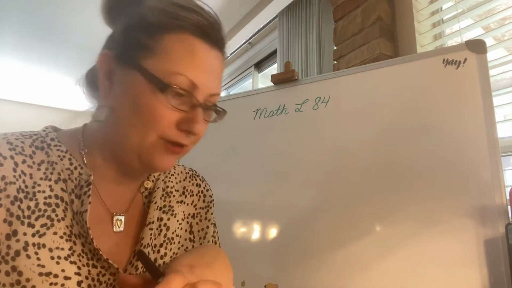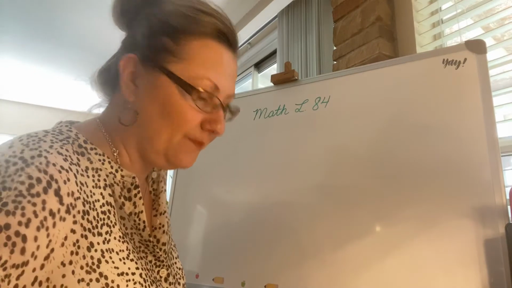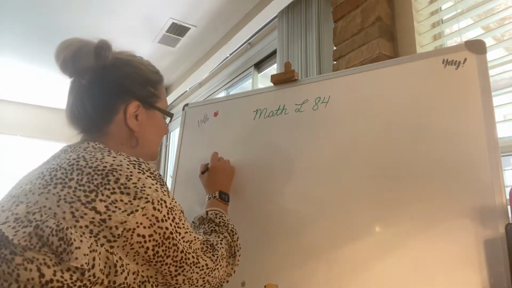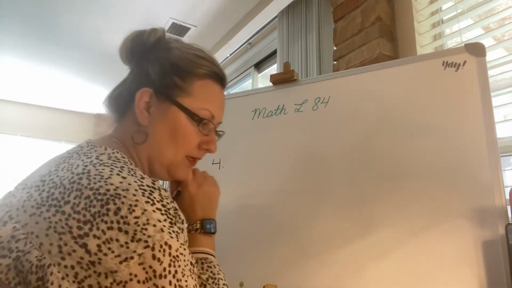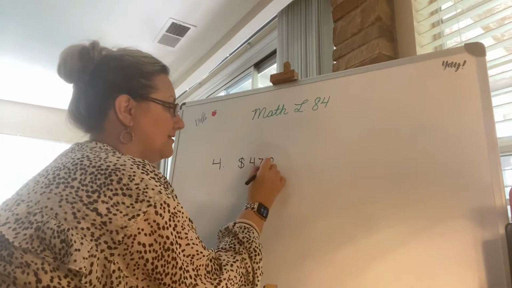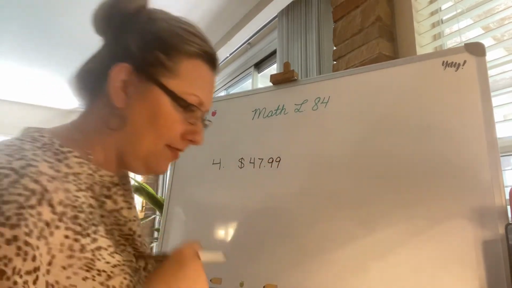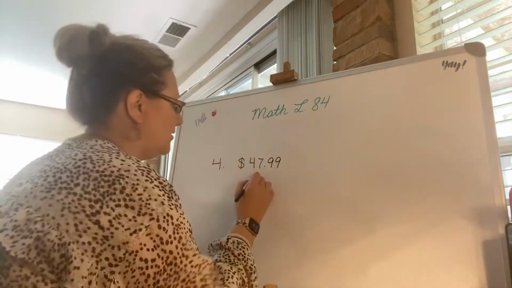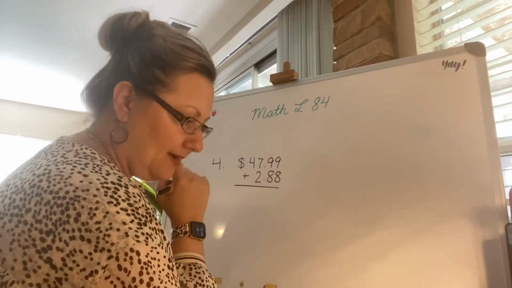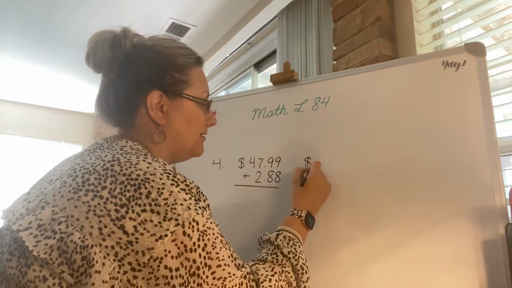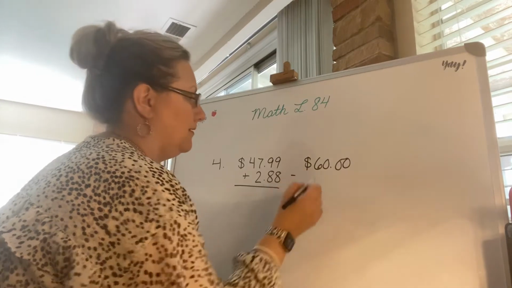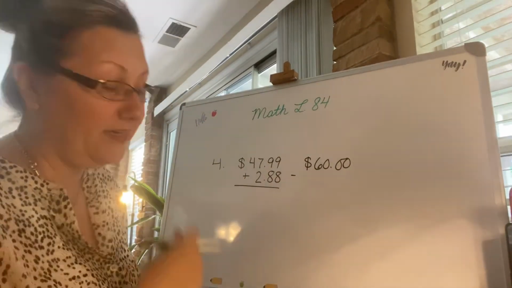We need an actual exact amount of change, which is what you would want when you're spending your own money, right? So number 4, we have that original $47.99, right? Then we have $2.88 to add to it, and whatever amount we get here, we are going to subtract it from that $60 that he gives the clerk.